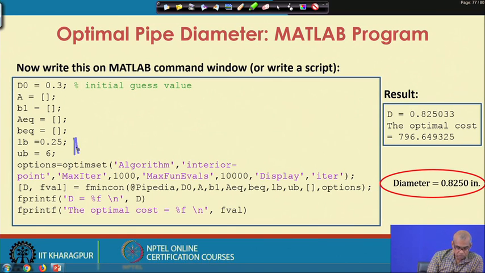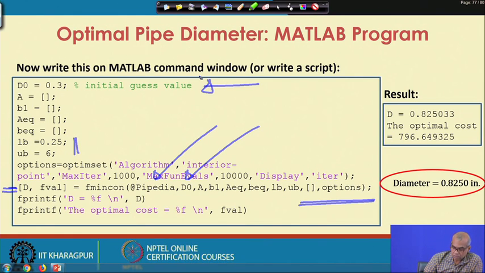So, now you call the fmincon solver following the appropriate syntax. First is the name of the function file which will return the objective function value. Next is the initial guess for the solution, so initial guess for the pipe diameter. Next, A and B correspond to Ax less or equal to B, which I do not have.